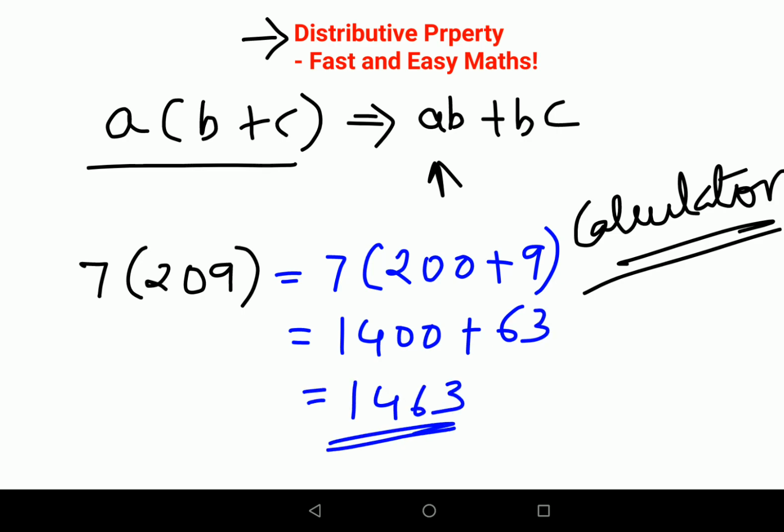Because I'm explaining it, I'm showing these steps, but trust me, when you start doing it in your head, you will get the answers before I even finish writing this. So you saw how easily this distributive property, which is very underrated, plays a very important role when it comes to multiplication of numbers.